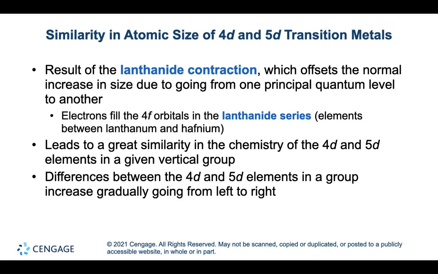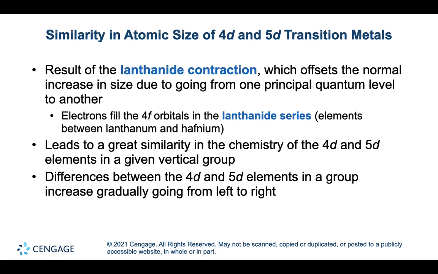The reason why the 4d and the 5d are very similar in size is because of the 4f orbitals that get filled up before the 5d transition metals occur.